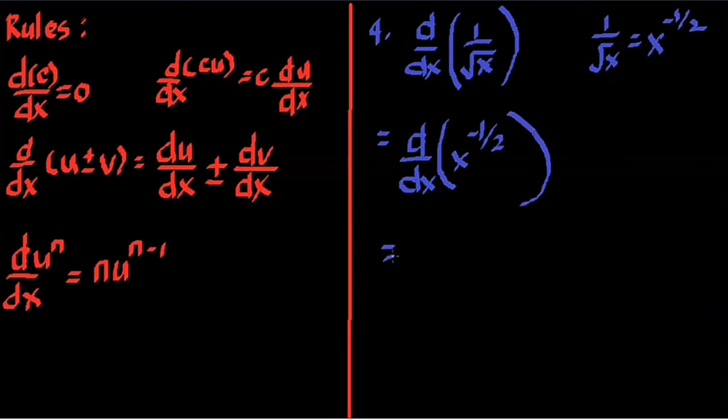So applying the power rule, copy the exponent, which is negative 1/2, then copy the base, but deduct its exponent by 1. So this would be equal to negative 1/2 of x exponent negative 3/2.